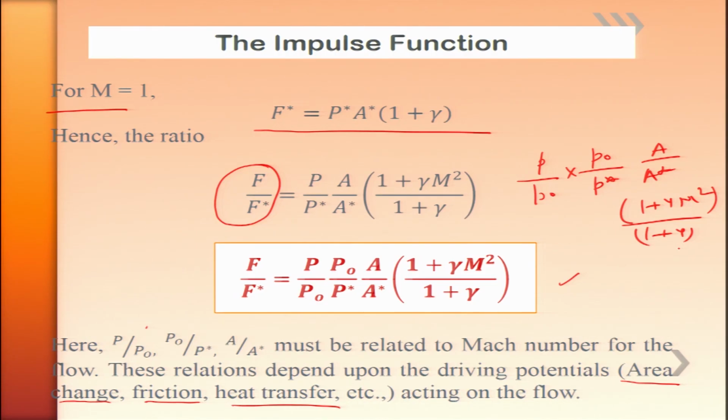Finally, there may be a condition that you still have a constant area duct, but you do not have the friction, that is you have a frictionless flow while you are allowing the heat transfer to change the state of this compressible flow. That means to change the state of a compressible flow, there are 3 possibilities: the area variation, without friction, without heat transfer; with friction in a constant area passage, without heat transfer, and this type of flow is termed as Fanno flow, that is flow with friction, named after their inventor.